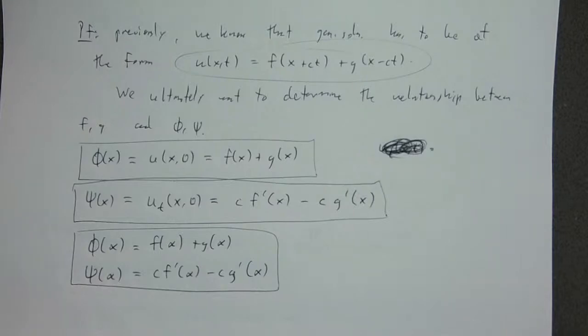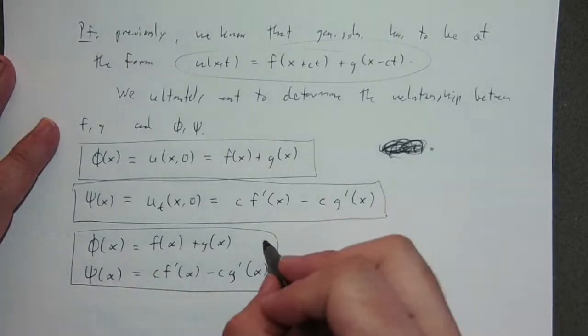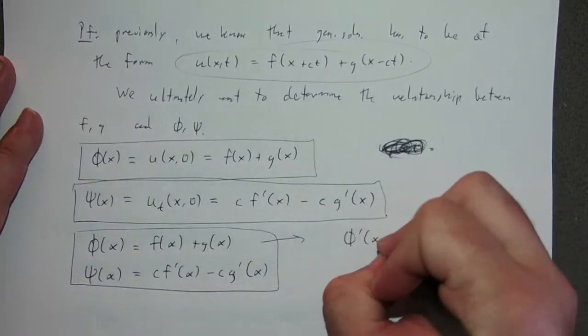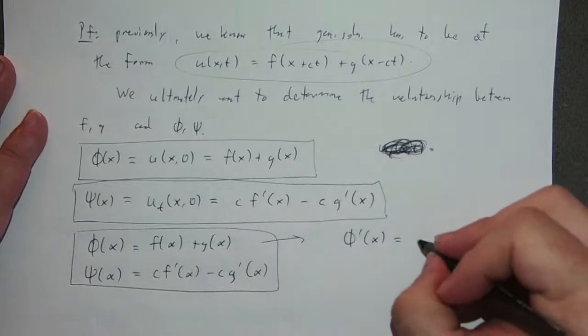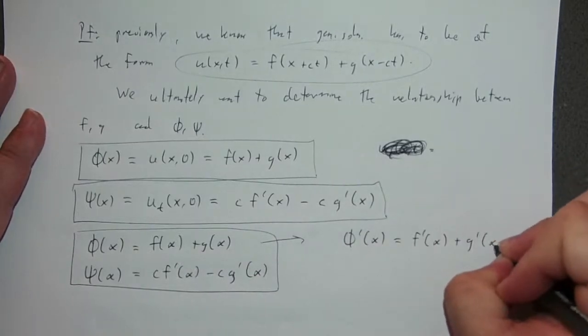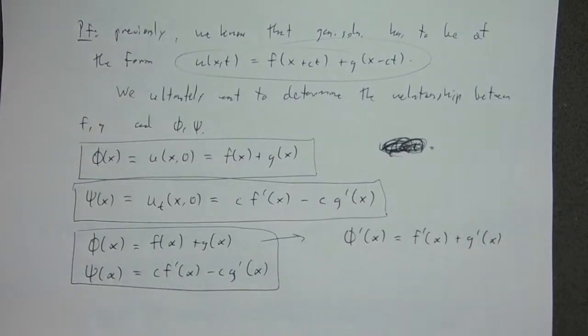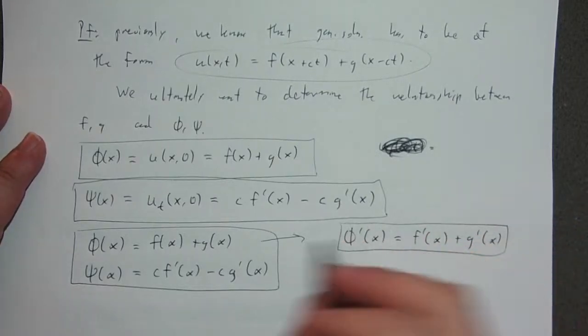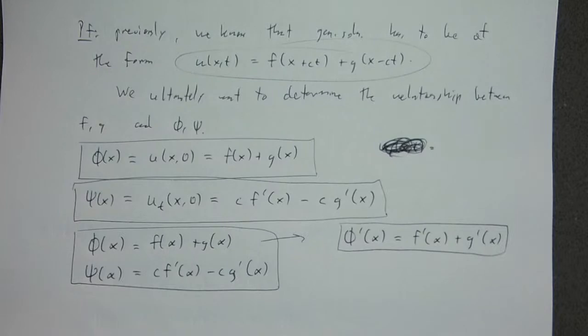Well, what if I take the first equation and differentiate it with respect to alpha? Then phi prime of alpha is f prime of alpha plus g prime of alpha. Okay, so now I have two expressions. One is for phi prime, the other is for c.